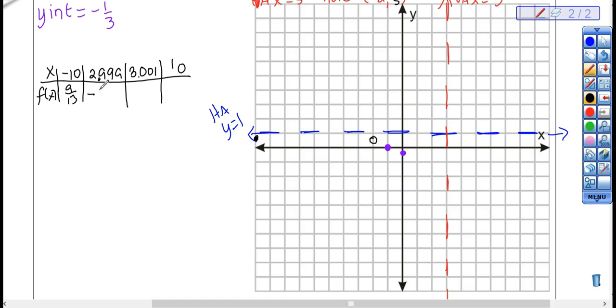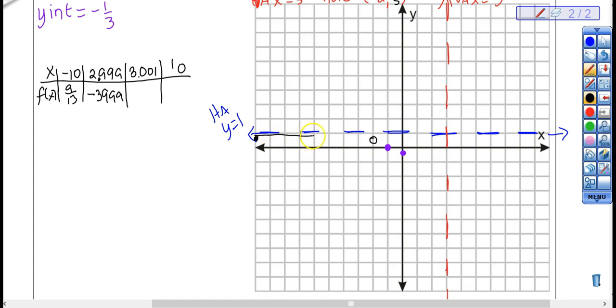What is it? Negative 399? Check your math. That's not going to work. 3,999. That sounds right.